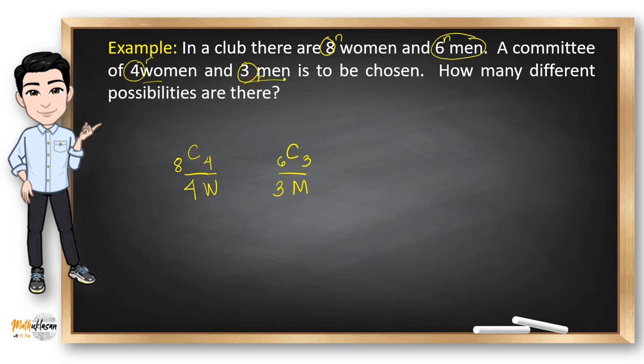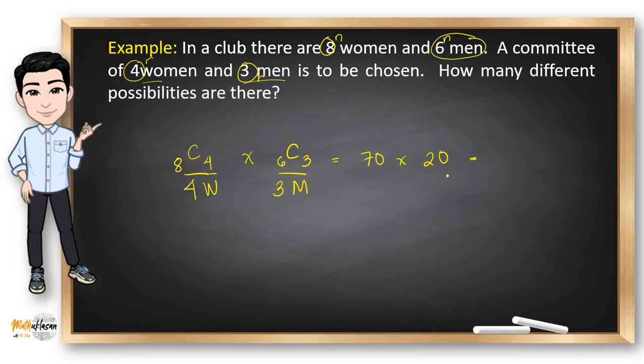But we don't stop there, because there is actually a committee being formed composed of 4 women and 3 men. So what we need to do is to use the multiplication rule for us to get the number of possible arrangements of these combinations. Now, by using your calculator, 8C4 is equal to 70, while 6C3 is equal to 20.